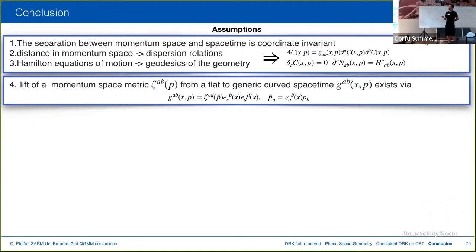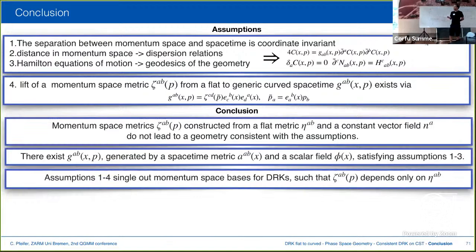And then we said that the lift of the momentum space metric from a flat momentum space metric on flat spacetime to a momentum space metric on curved spacetime should exist and work like this, that we replace the momenta with these rotated ones, and that we then generate from the flat spacetime momentum space metric the curved spacetime momentum space metric. Then the conclusion is that if there is a preferred vector field in the flat momentum space metric, which you need to construct this, this does not lead to a consistent curved spacetime geometry satisfying these assumptions.